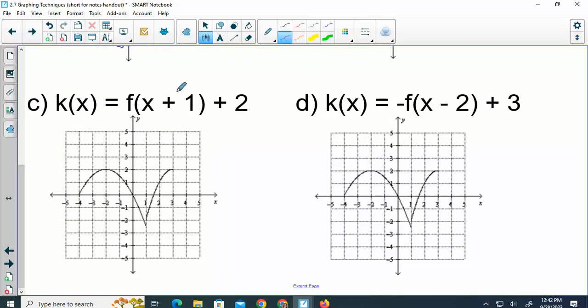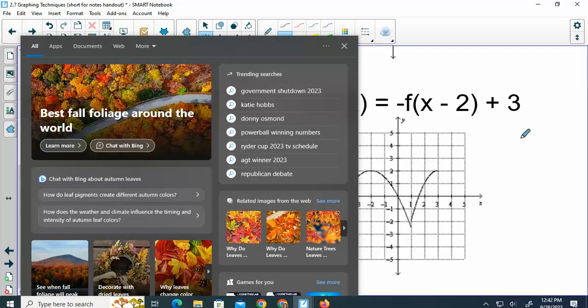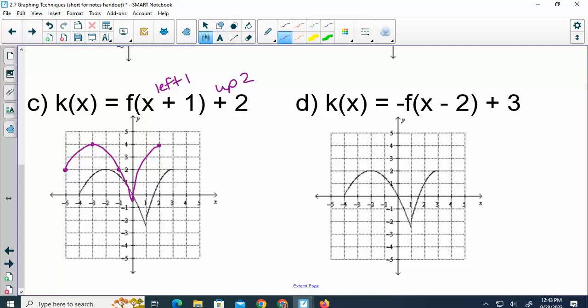What would this do? So left and up. And final one.